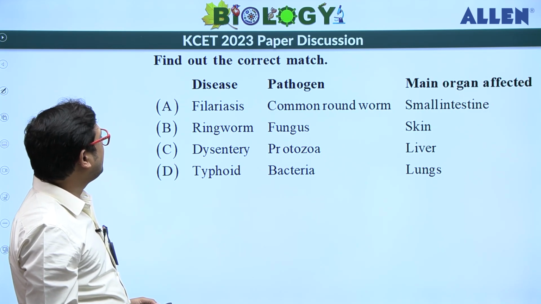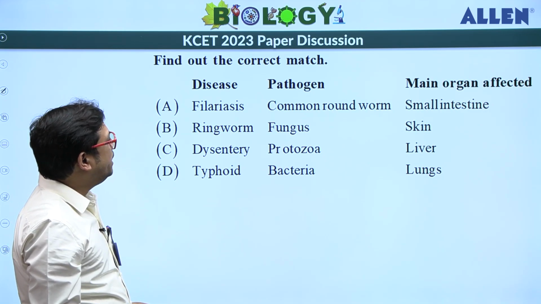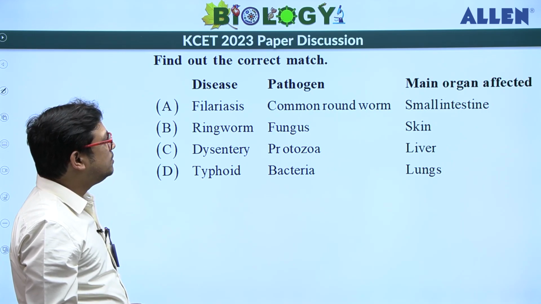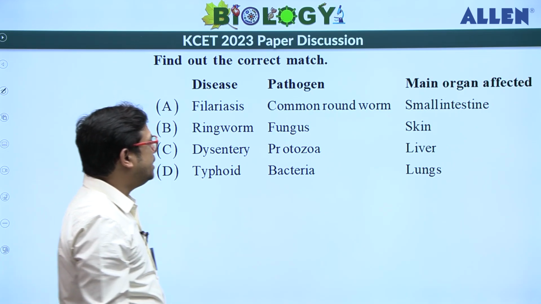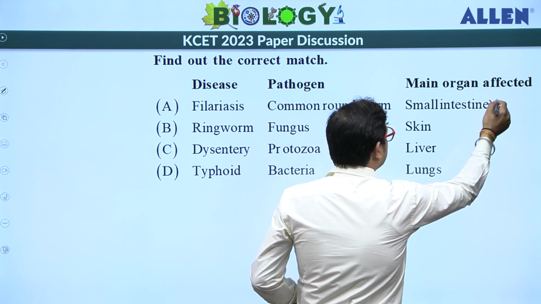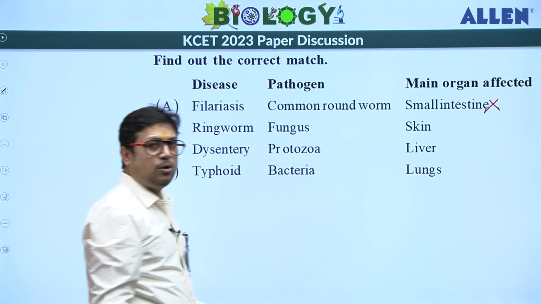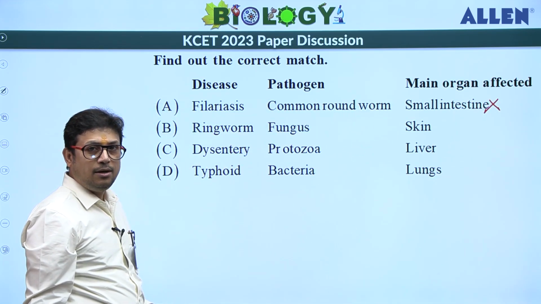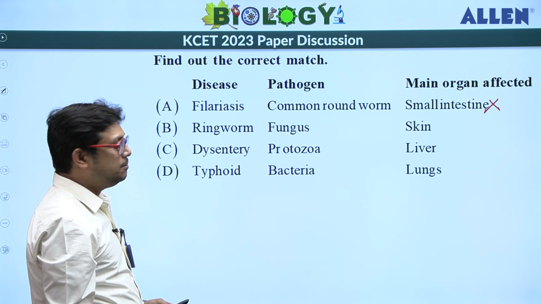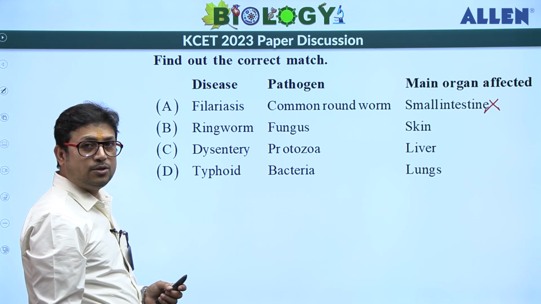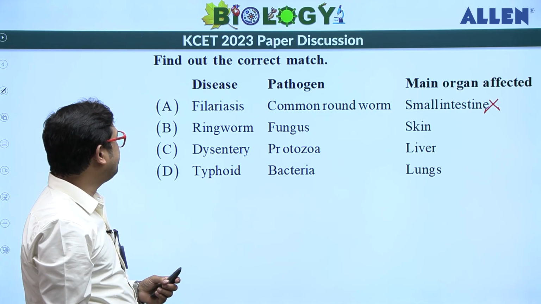Filariasis is caused by common roundworm and the main organ is small intestine. No. Actually, filaria is caused by what? Wuchereria bancrofti, where lymph nodes are affected. So it is not small intestine. That disease is called Elephantiasis.